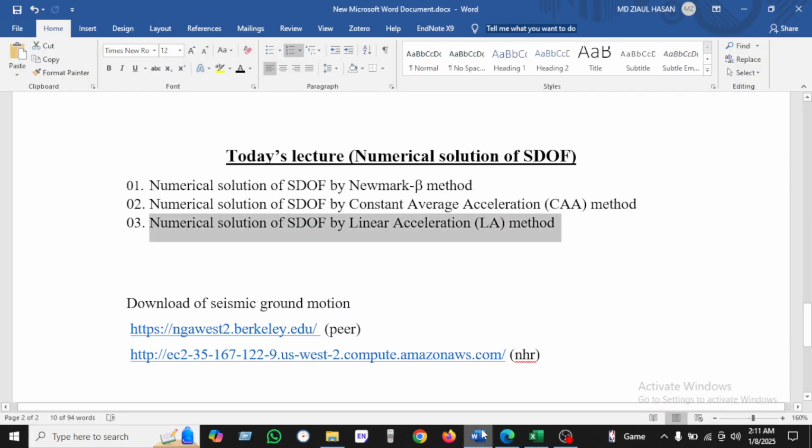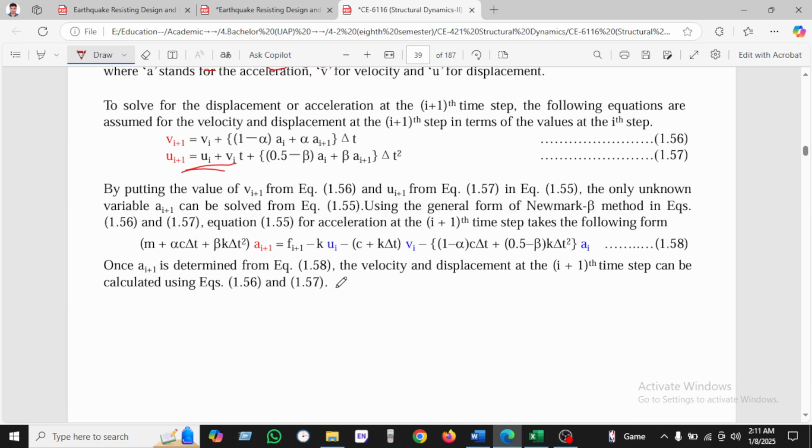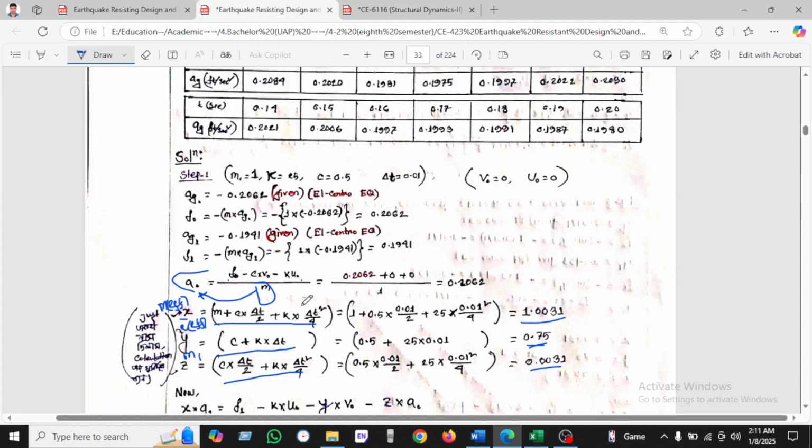This is the main formula we have seen previously, and we are using this formula, taking M below, and this is the M effective.